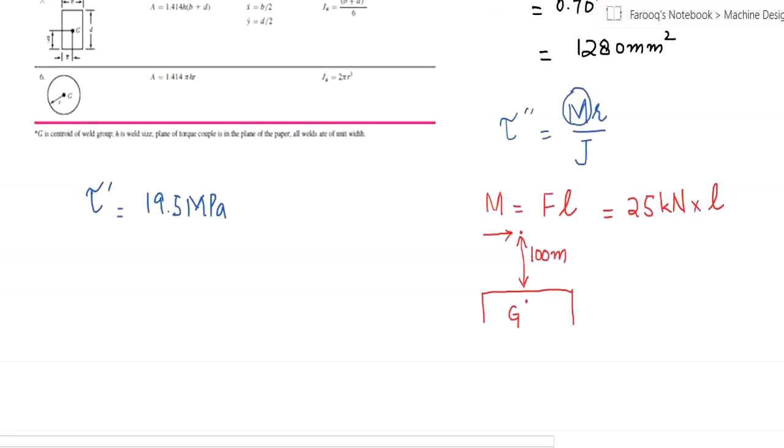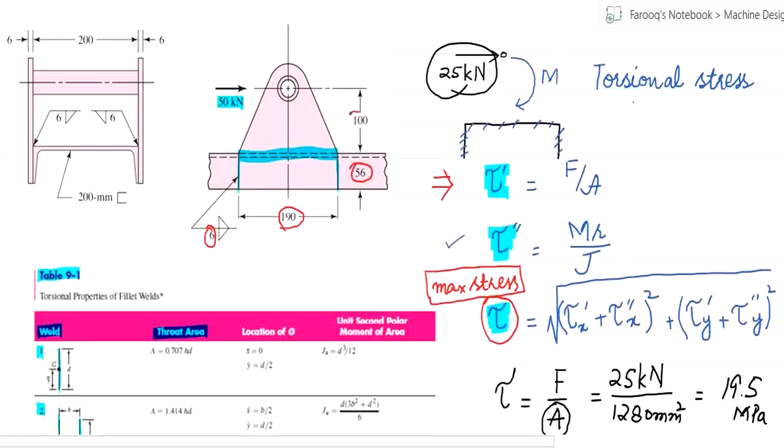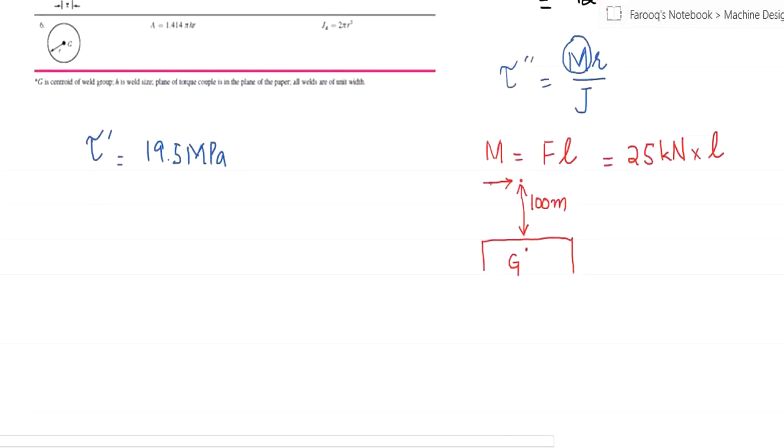As mentioned in our question. But this is not the total distance to find moment, because the total distance is between the point of application and the centroid. This is going to be the total distance.